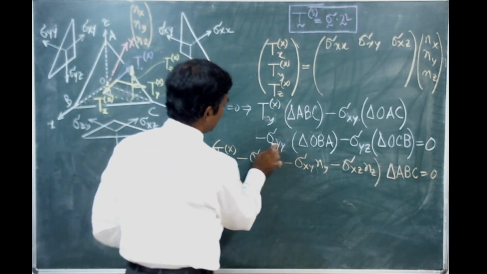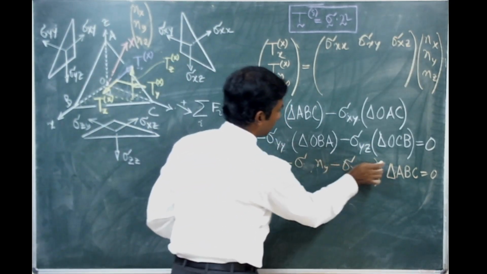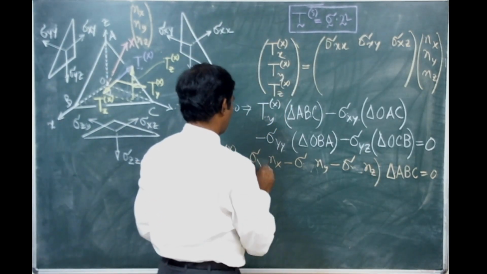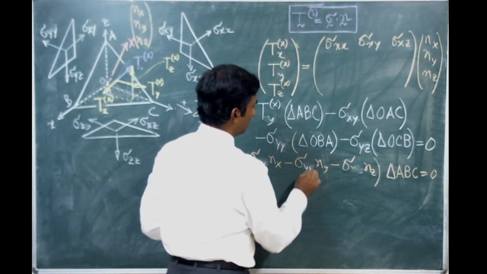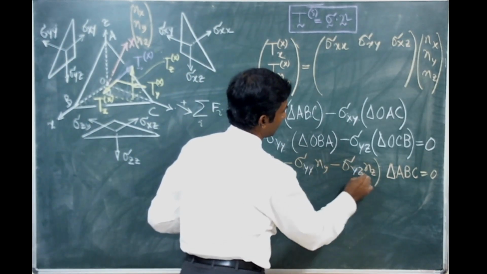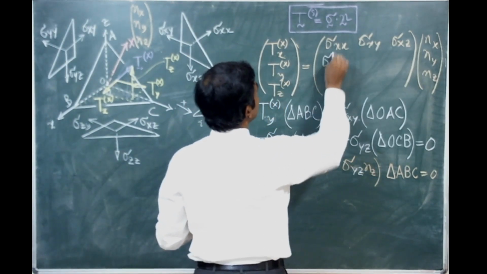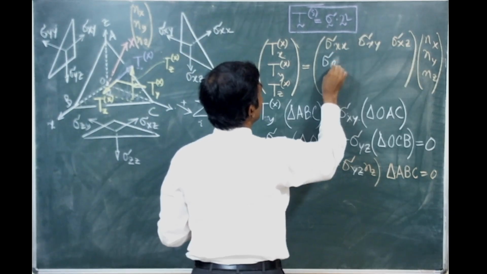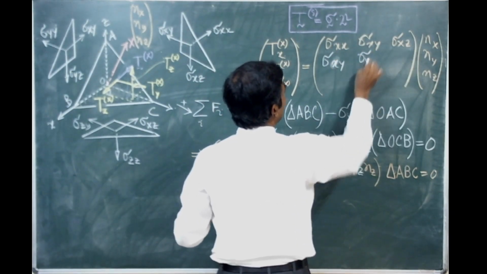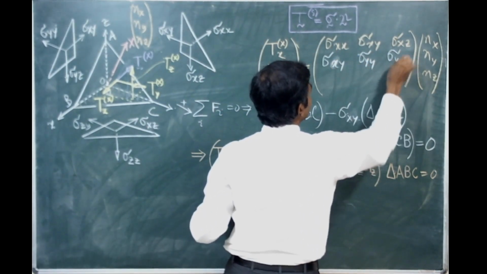So you see the changes here. So we write it down: sigma xy, sigma yy, sigma yz.